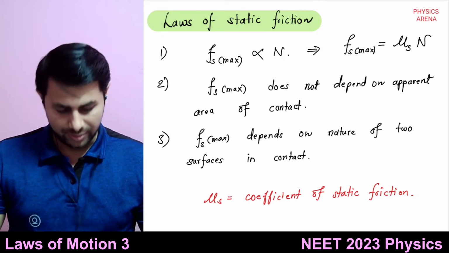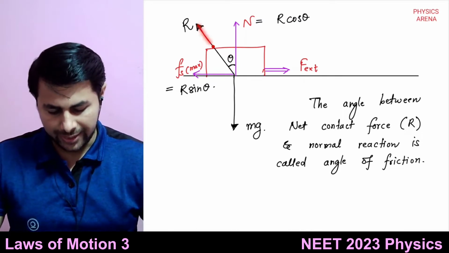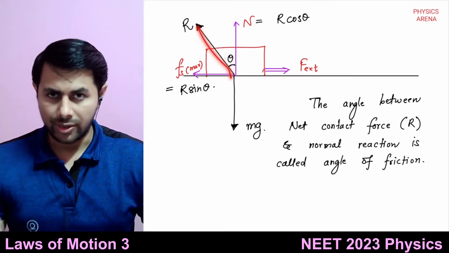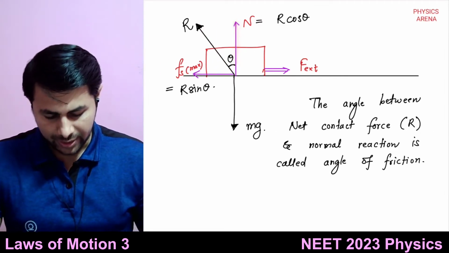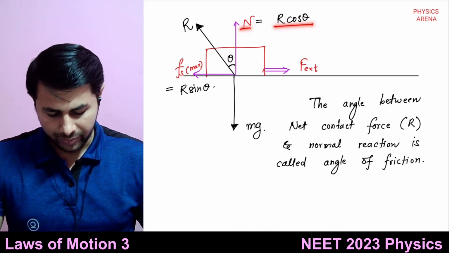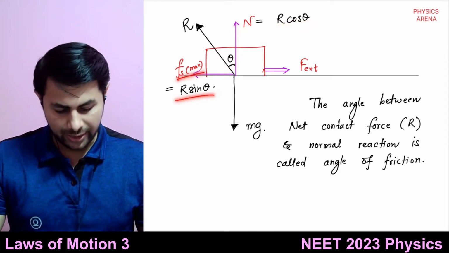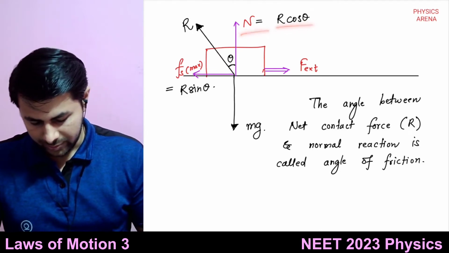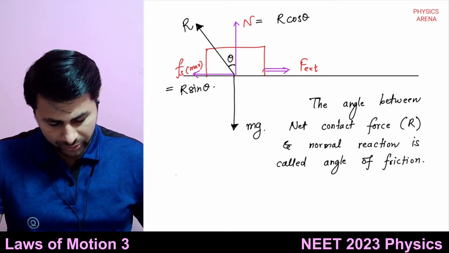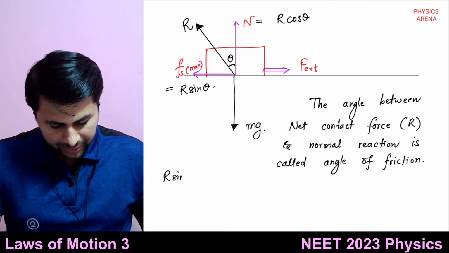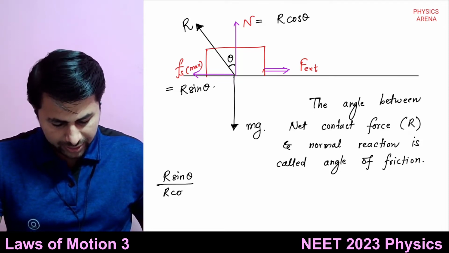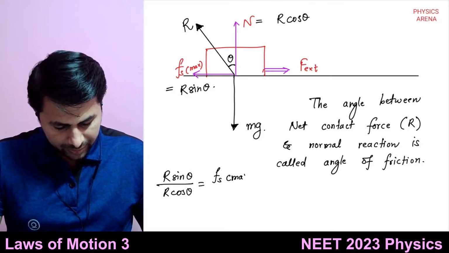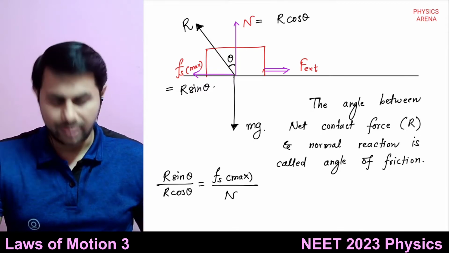Yes, sir. Okay, so now this angle is known as what? The angle of friction, the angle between the total contact force and the normal reaction. Now N is equal to R cos theta and Fs max is equal to R sin theta. If you take the ratio of these two, R sin theta divided by R cos theta gives tan theta equals Fs max divided by normal reaction.